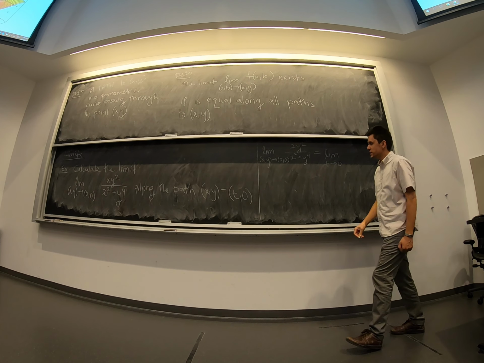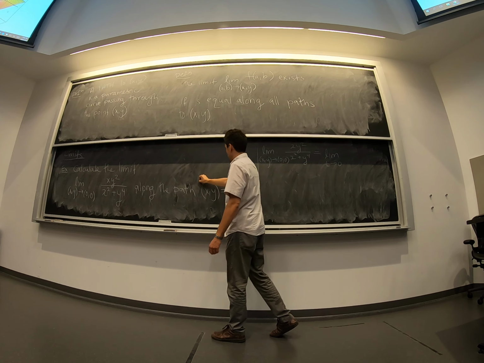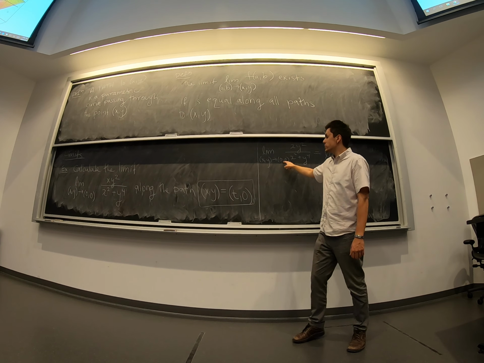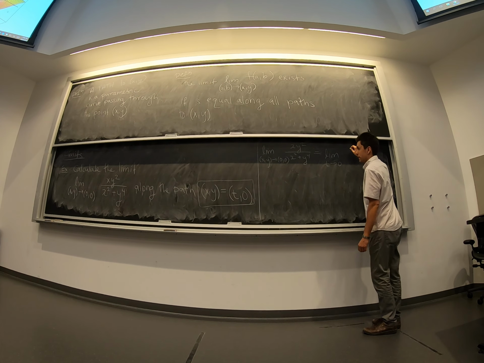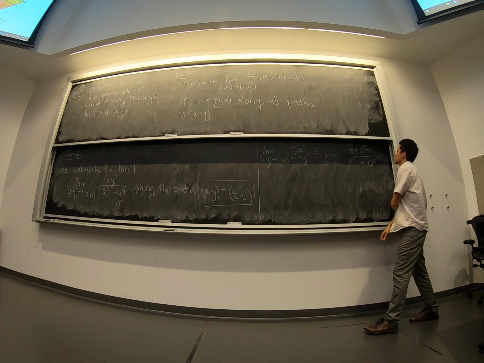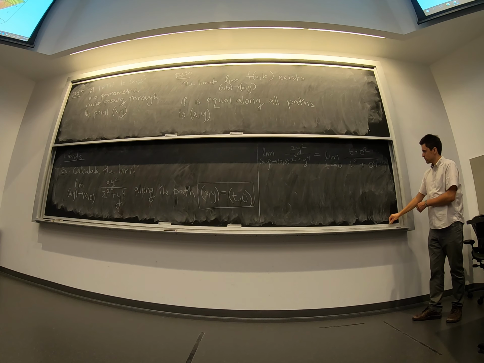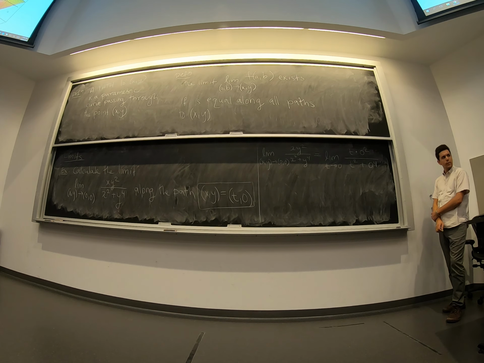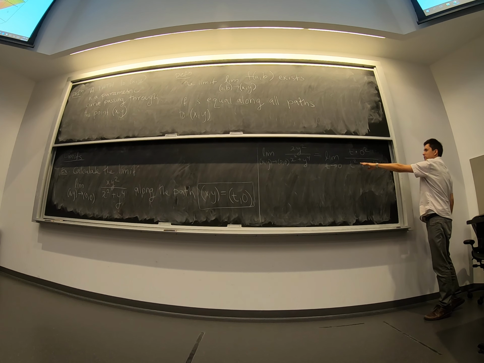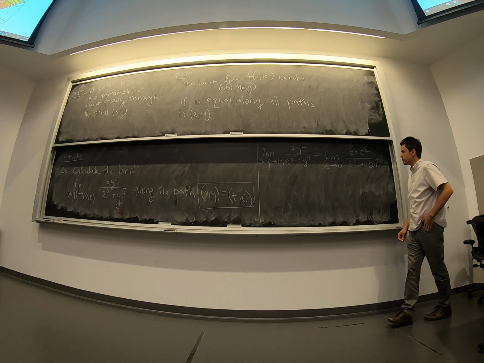So we take our path and we approach 0, 0 along that path. Here, notice that the numerator is just always 0. So we've got 0 divided by some positive stuff.